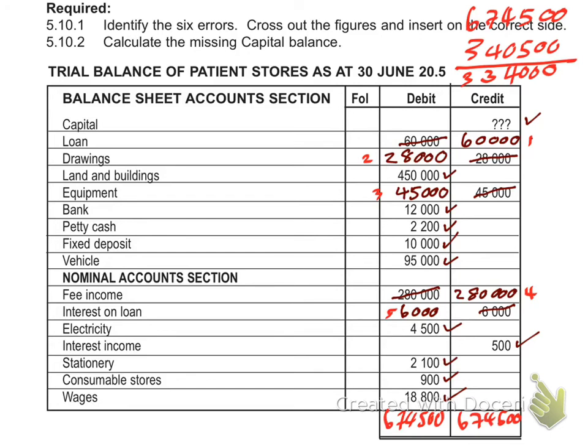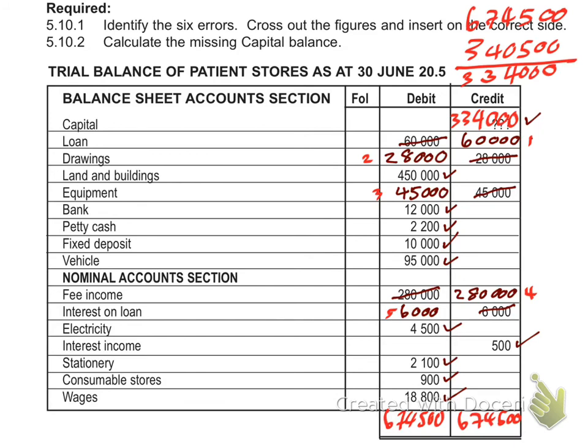So which means our capital will be 334,000 rands. Do you see that? So remember, with a trial balance, the debit side totals should be equal to the credit side totals. If they do not balance, then you know that there's a mistake somewhere.